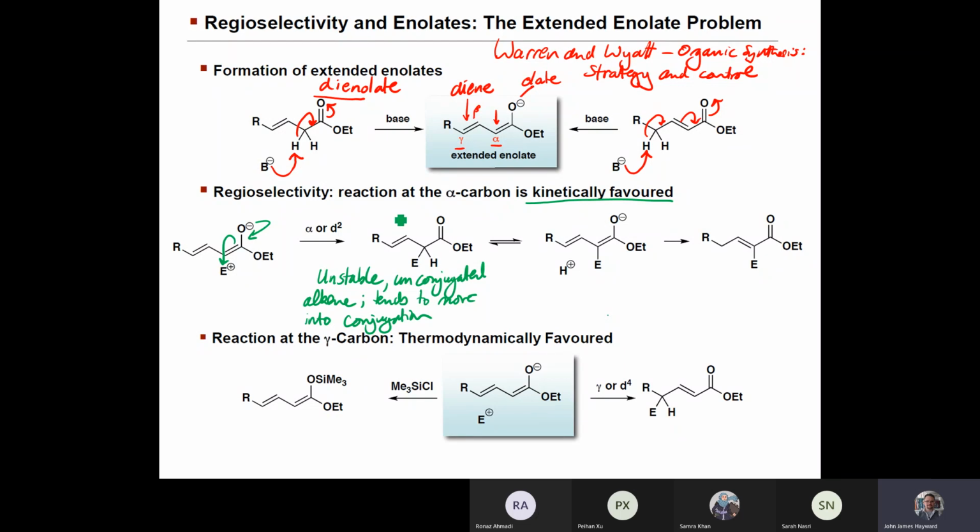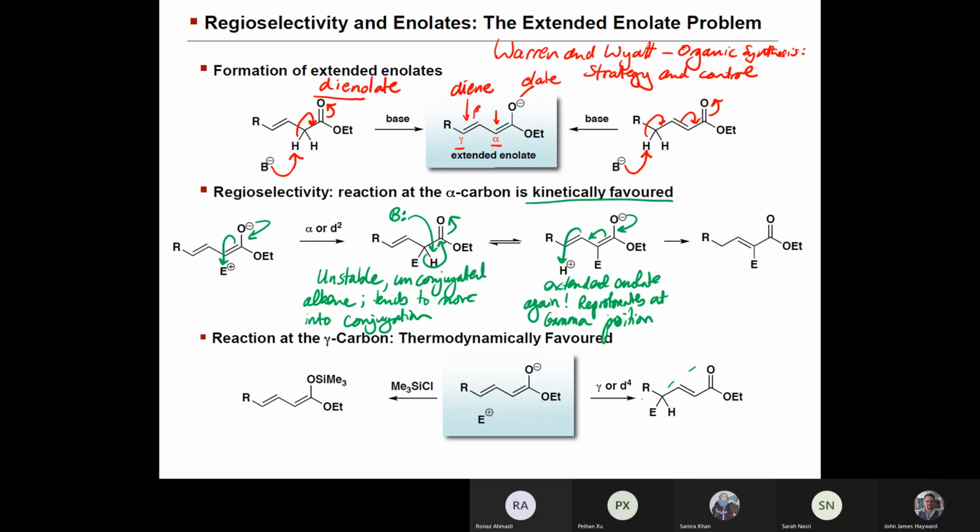Ultimately, some kind of base can deprotonate, and then it reprotonates at the gamma position. Now, equilibration gives the conjugated product because that is ultimately more thermodynamically favorable overall.